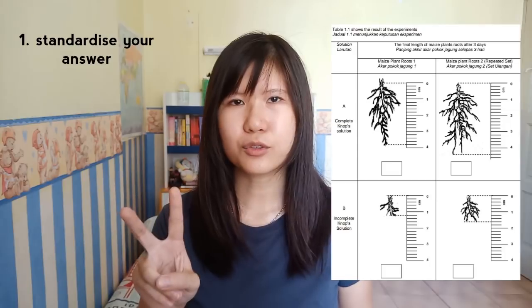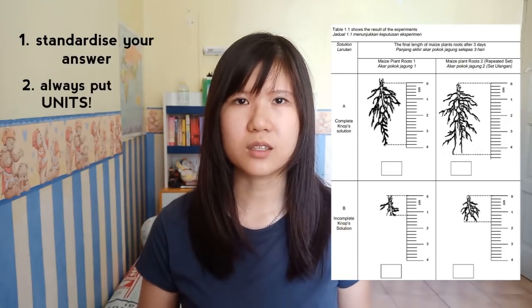And then the second thing to remember is to always put in the units. So what you have to do is you have to check the table for the heading, and if the unit is not included in the heading of the table, then you are going to have to write that by your own. And you have to write either cm or mm. Make sure that you get the correct unit and you write in the unit. So these are the little things that determine whether you will get the full 3 marks or not.